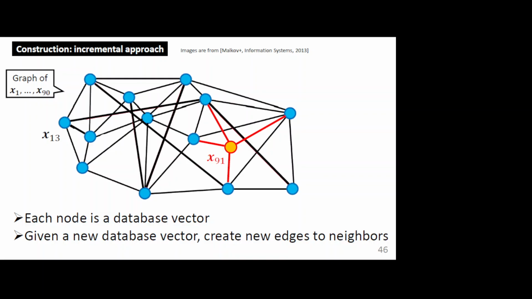So we can use the search algorithm, for example ANNS, to find its nearest neighbors according to the current graph structure. Suppose we want to find the top 4 neighbors. Then we build the connection, the edges, between them.